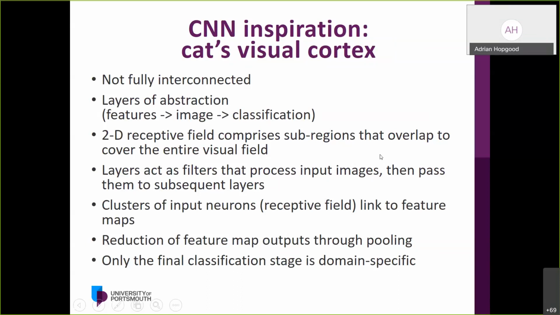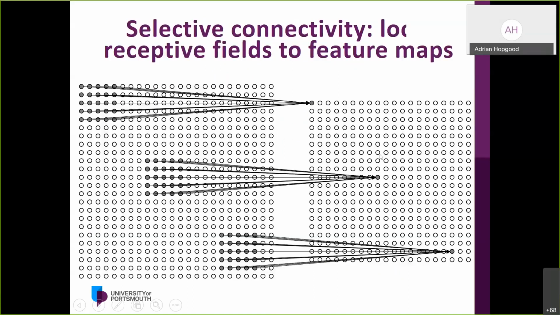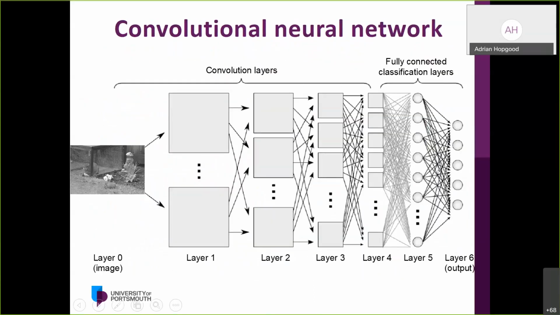It's an important point that only the final classification stage is domain specific. And one of the key points about that is that you can have pre-trained convolutional neural networks, which can be trained on any sort of image. Let me go back to this image here. So these convolutional layers could be trained on a wide range of images. It doesn't matter what they are, because all it's doing is learning to pick out features.